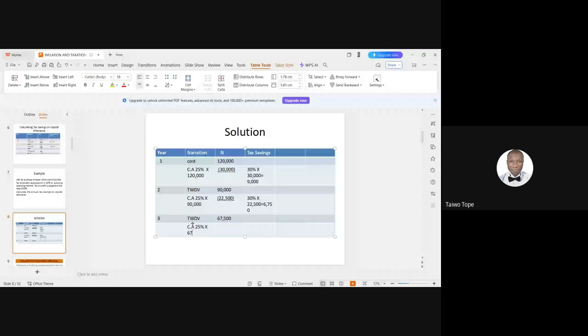Of 67,500. And this will give us what? 16,875. Based on this, what will be your tax savings?